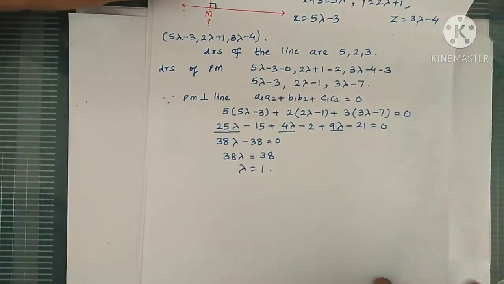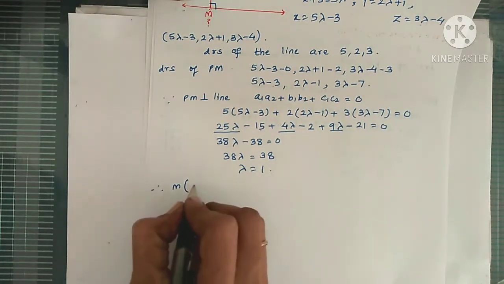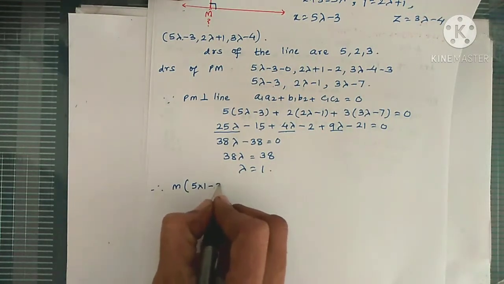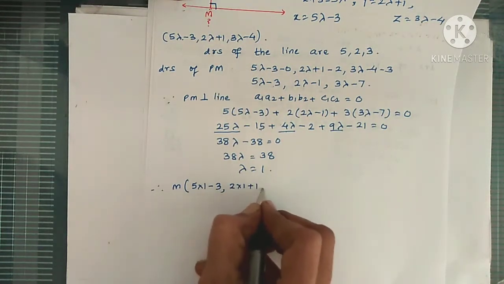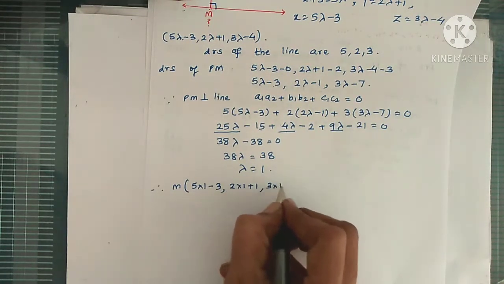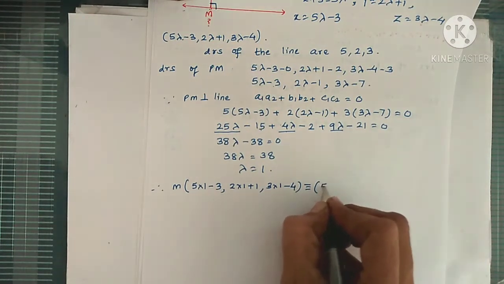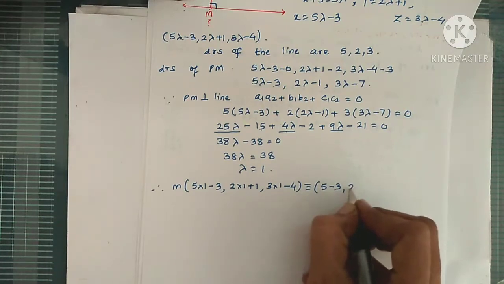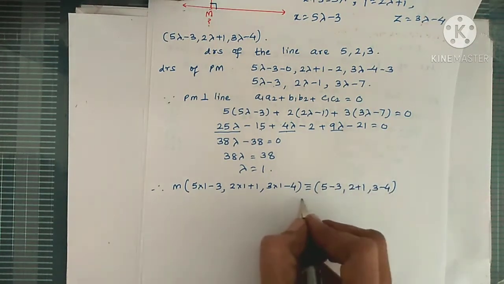So let's write the coordinates of M. Therefore, M is (5 into 1 - 3, 2 lambda + 1, 3 lambda - 4, that is 1 - 4). So that becomes (5 - 3, 2 + 1, 3 - 4).